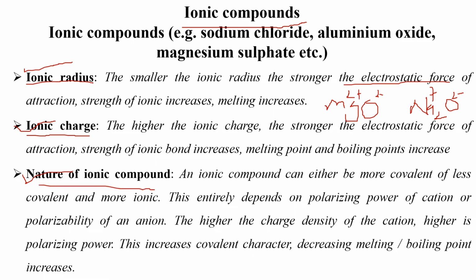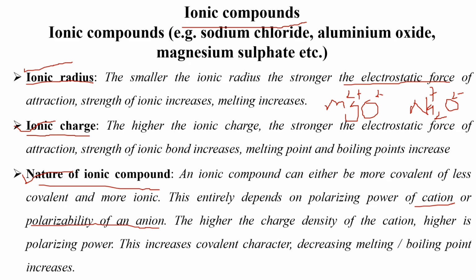Now, nature of the compounds: we are basically emphasizing the polarizing power effects of the cation and also the polarizability of the anion. So here I hope you get right what we mean by a cation polarizes the anion, then the anion is polarizable. I hope that one was discussed under the discussions of ionic bonding.